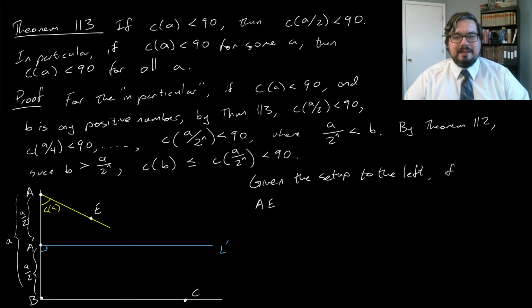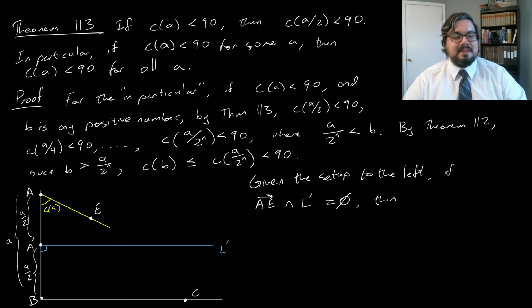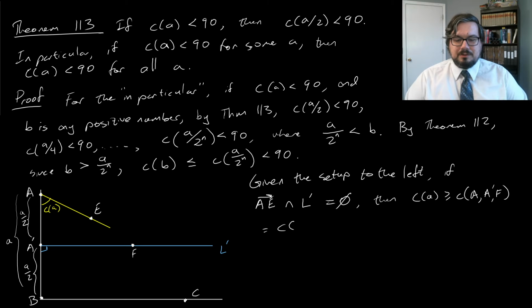If the ray AE intersect L prime is empty, then if we look at the setup of A prime, and some point F out here on L prime, this tells us that in this case the C of A is greater than or equal to the critical function of A prime F, which is equal to the critical number of A over 2, because that's the distance from A to A prime.